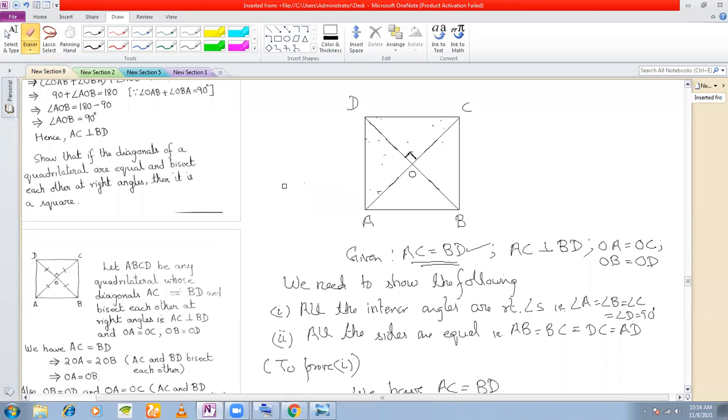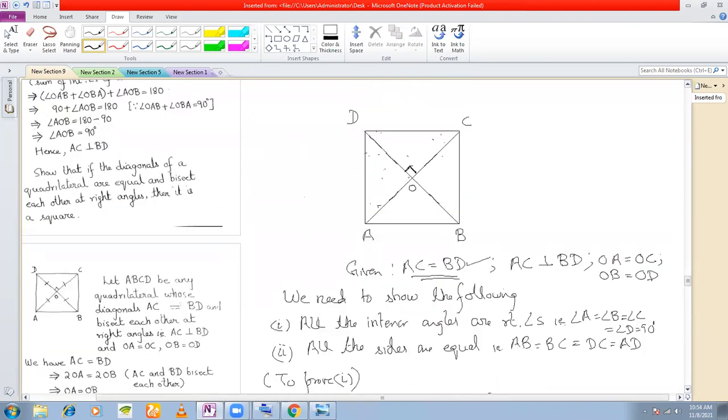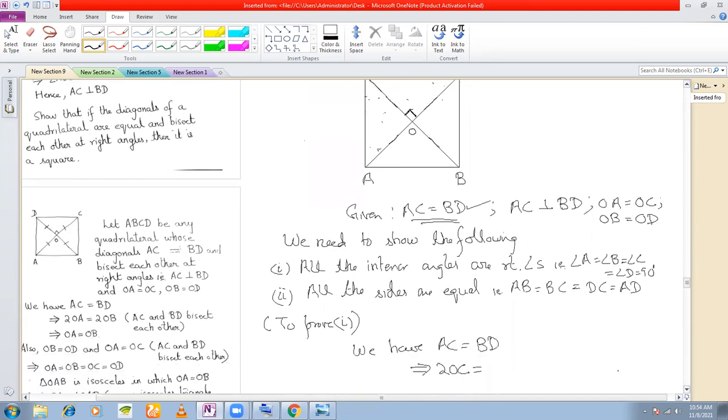So let's write AC as twice of OC, is equal to, what about BD? BD is twice of OD, we can write, right?